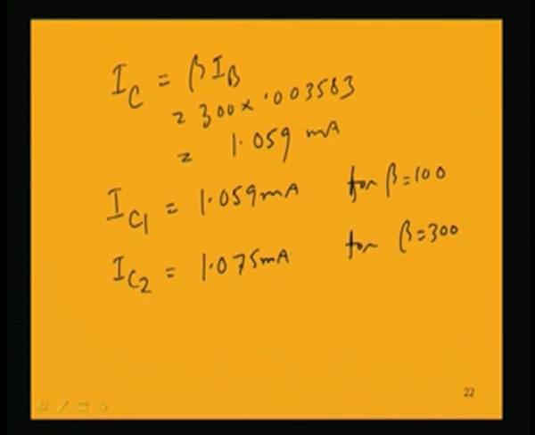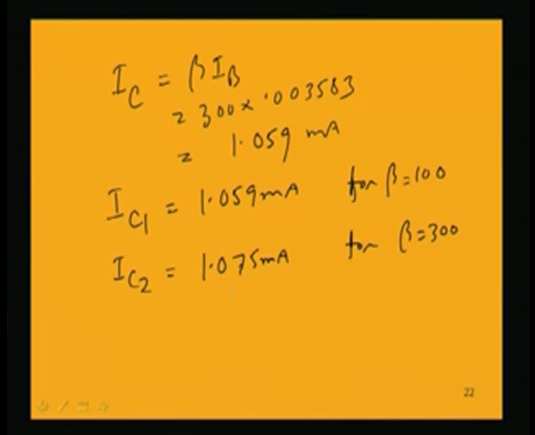So, even though beta has increased 3 times, a 200% increment in the value of beta from 100 to 300, that still gives a very marginal rise of IC.